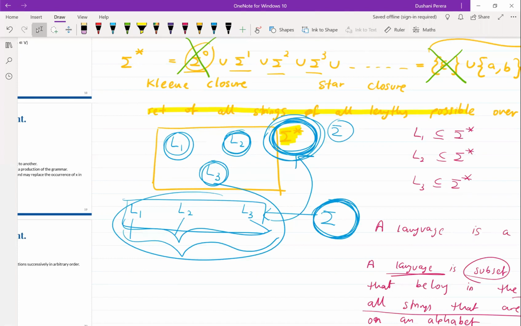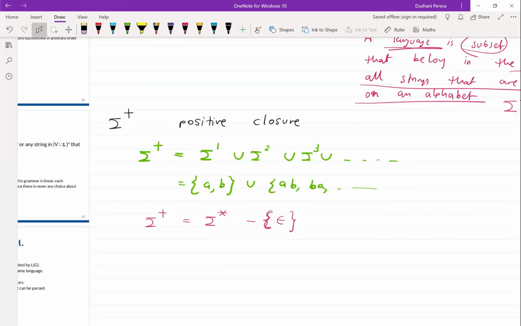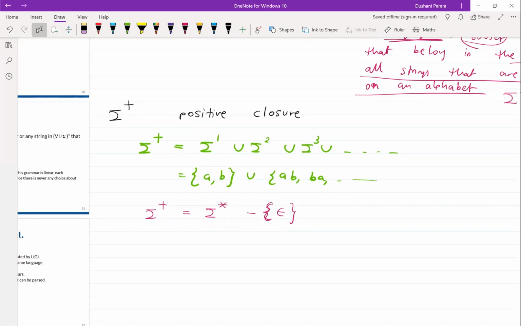Because of that, a language is a subset of sigma star. Then we defined the positive closure, sigma plus, which doesn't include the null string. So sigma plus is equal to sigma star minus the null string.